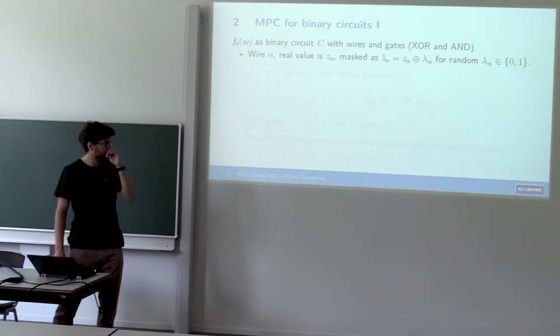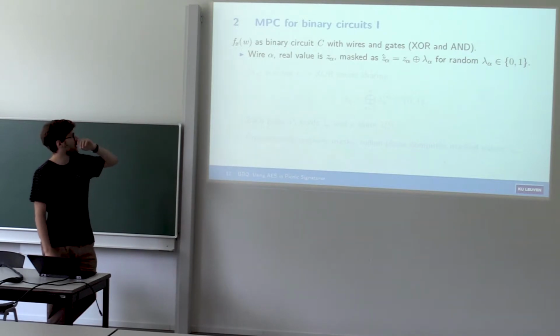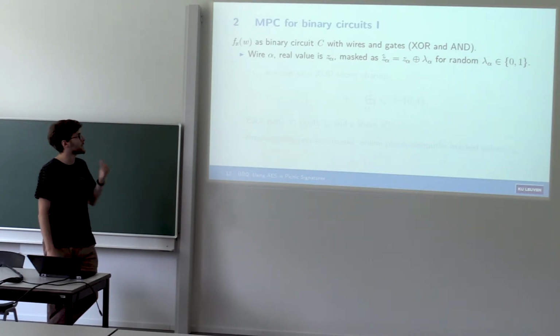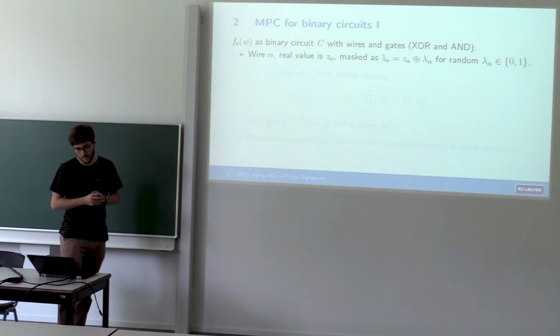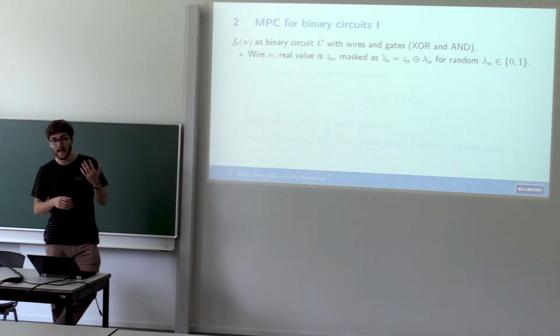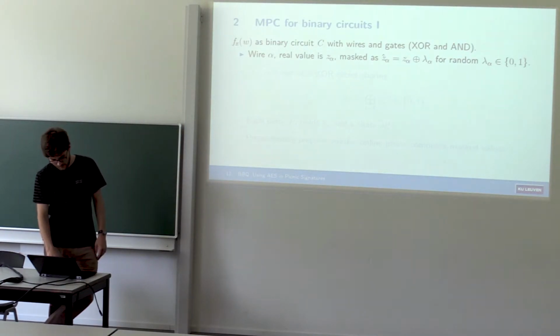So how does it work for binary circuits? F is represented with wires and gates, so we use XOR gates and AND gates. Every wire alpha has a real value Z, masked as Z hat, so we XOR the Z with a mask lambda, and lambda is random for every value.